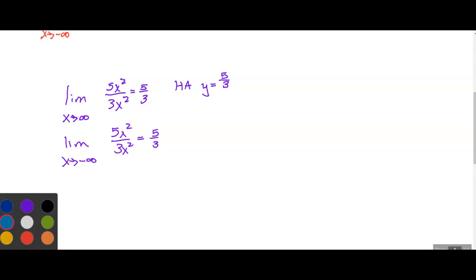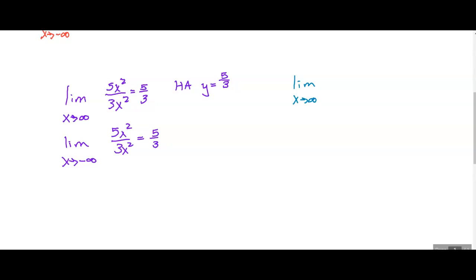Now, one rule that I really need you to know, though you don't really have to memorize it because I think you pretty much know it. Let's take a look at this one. The limit as x goes to infinity of something like 1 over x. Well, you can think about this. It's a rational function, right? And rational functions, their end behavior depends on whether or not they have a horizontal asymptote. And I know that this has a horizontal asymptote at y equals 0, right?